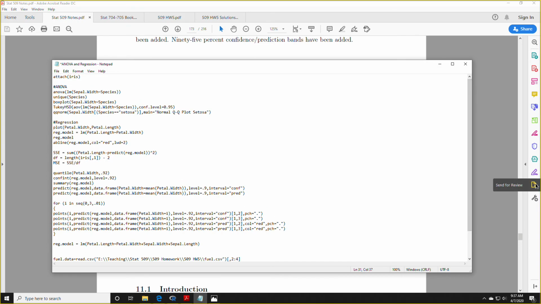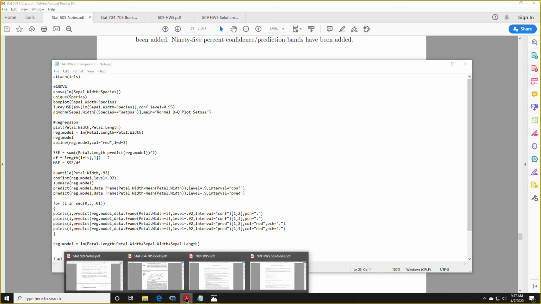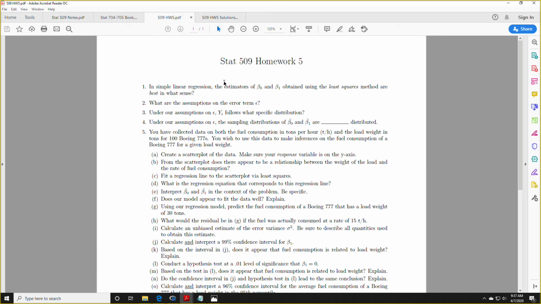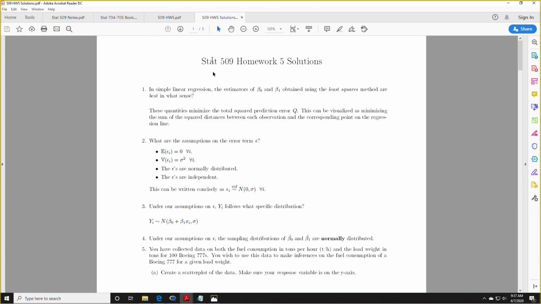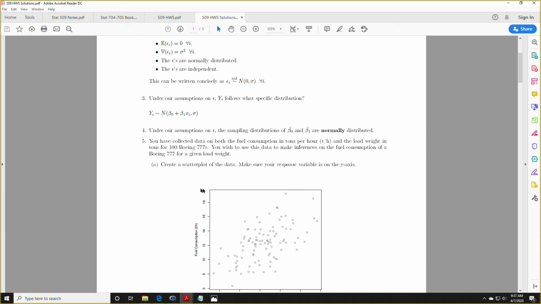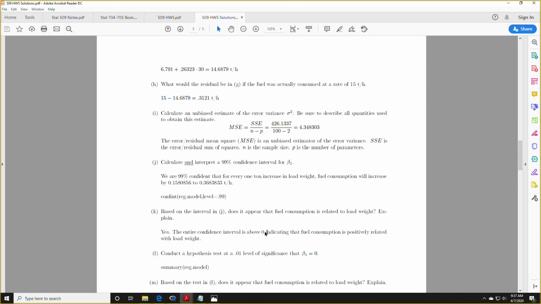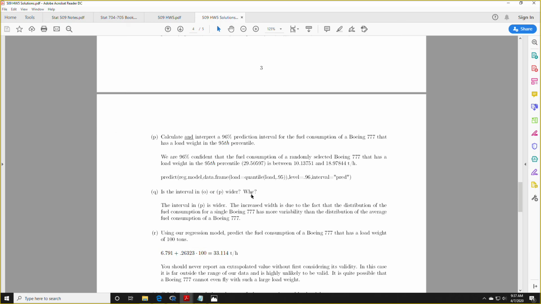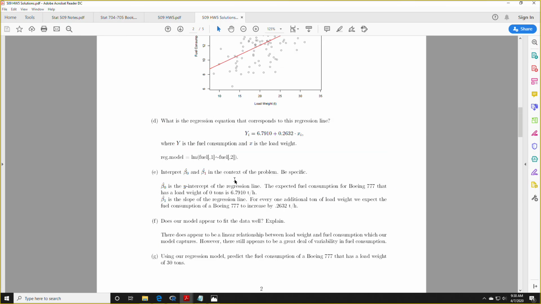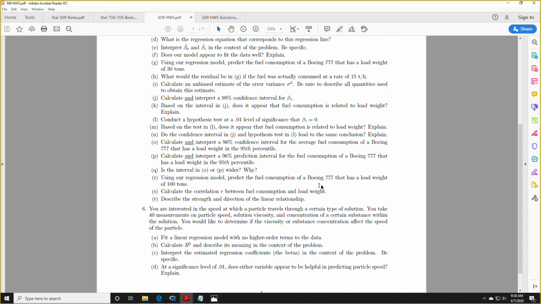All right, that's basically the material that I wanted to cover today. I sent you homework 5 and the solutions. I would recommend going ahead and trying it for yourself. You have the solutions as well, but you should be able to pretty much get all of this output yourself. It looks like there are a couple things down here we didn't quite talk about.